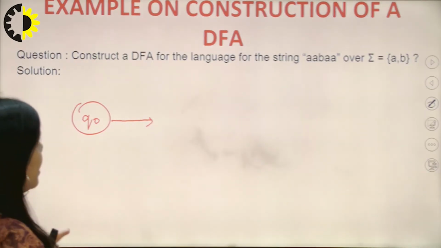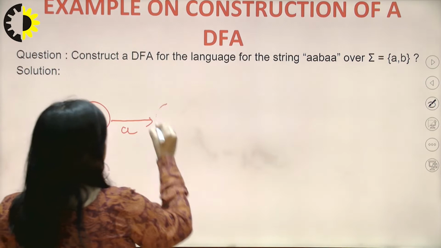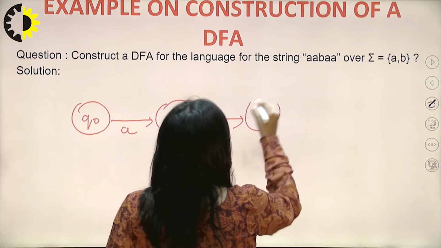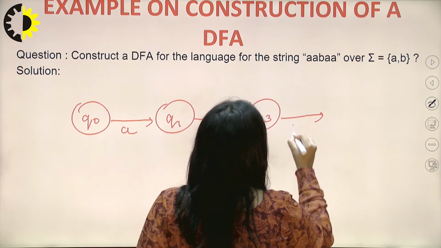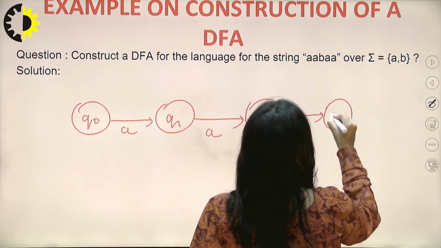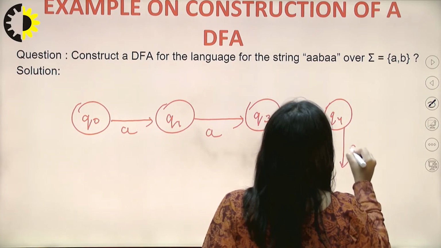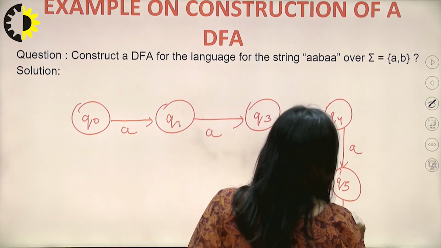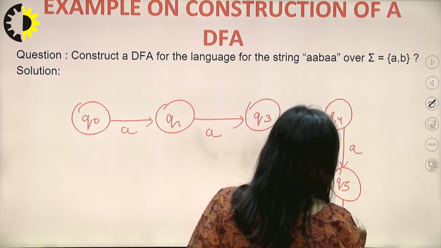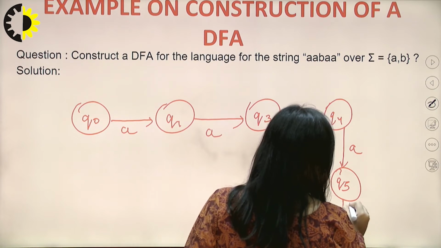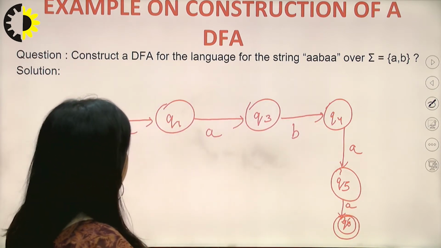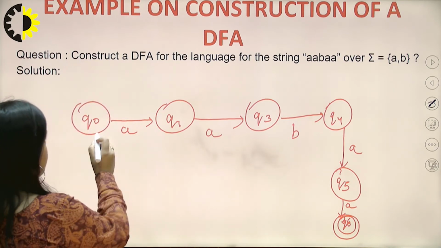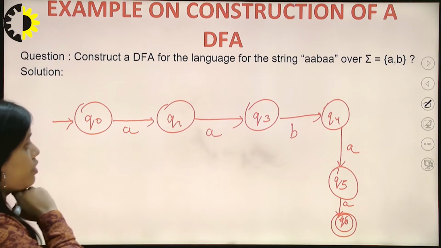Q0 takes A and goes to Q1, which again takes A to Q2, then B, then Q4, A, and Q5, A. So we have created the string, starting from the initial state, AABAA.